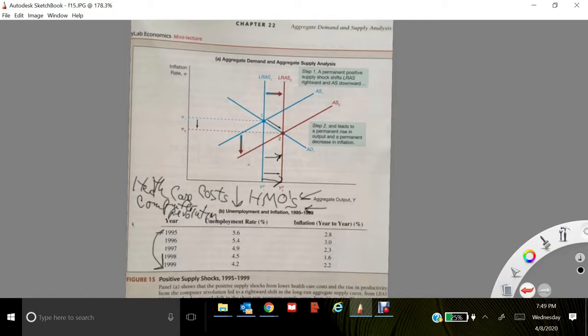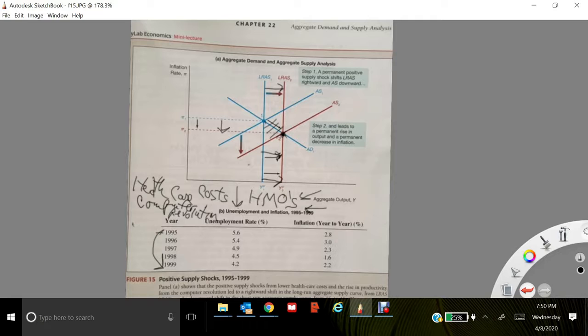And so what happens there is potential output increases. This shift here in the long run aggregate supply curve, going along with that would be our shifting of our short run supply curves, and as a result, we have the really favorable result of lower inflation, greater output.